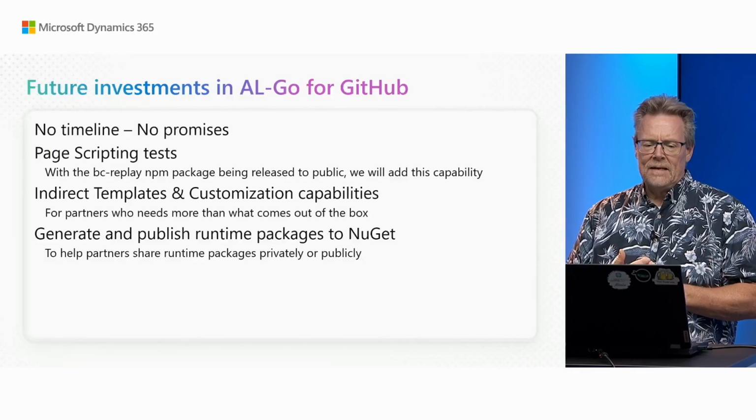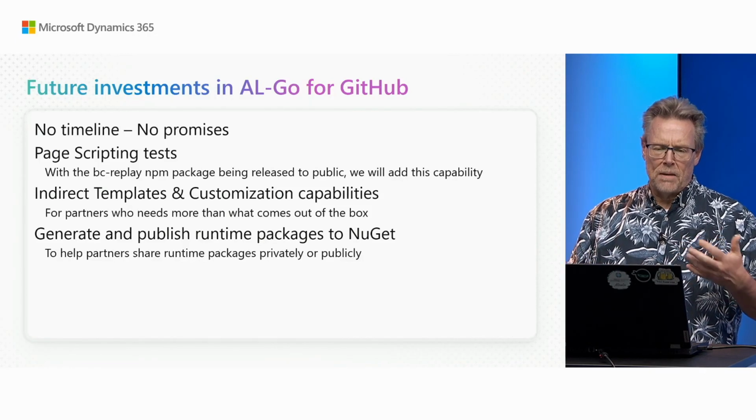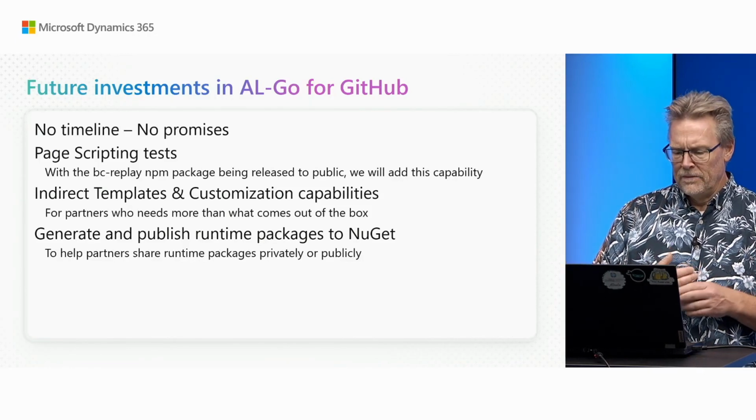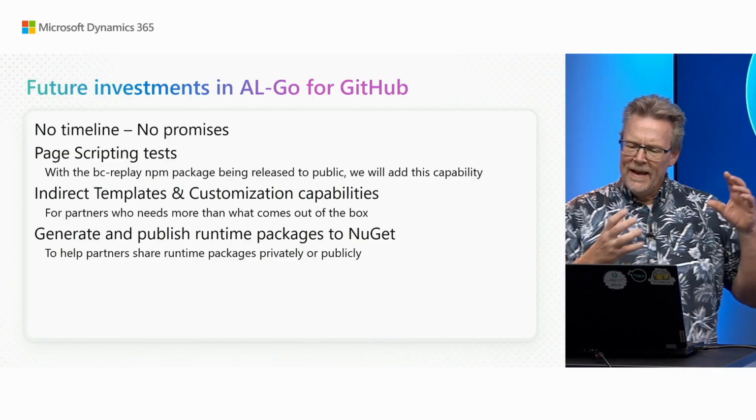We also will add mechanisms to generate and publish runtime packages to NuGet. We've talked about this for quite some time. Now we have the symbols of AppSource apps. That was actually the first step on this journey. With these symbols, and with a small addition to the AL compiler, the team might not think it's small, but let's see, we hope that the AL compiler will be able to generate a runtime package just by having the symbols of the dependencies.